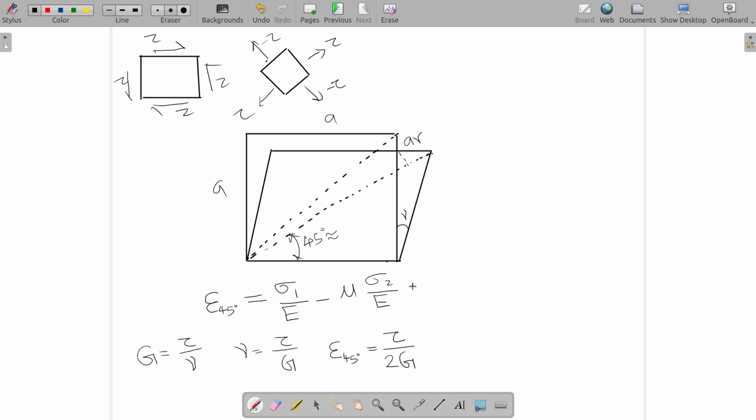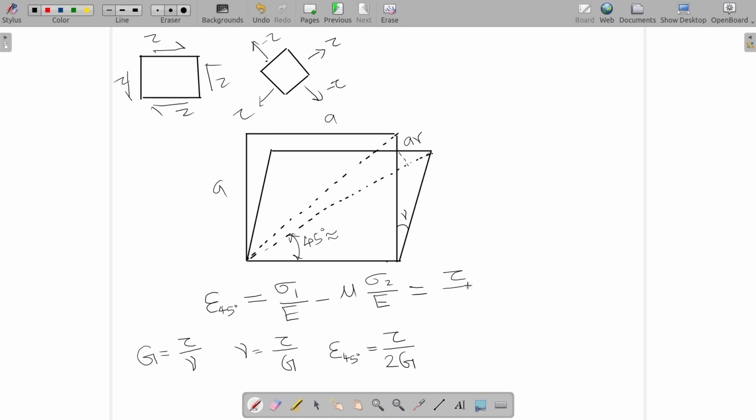Now here sigma 1 is the normal stress in this direction. So when we convert our pure shear case into a case where you have only normal stress, sigma 1 value will be equal to tau.